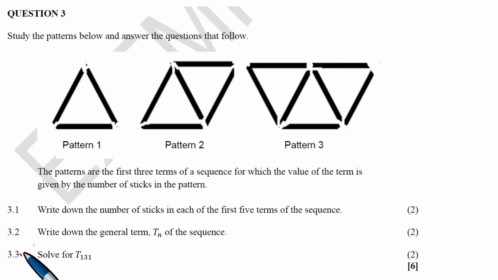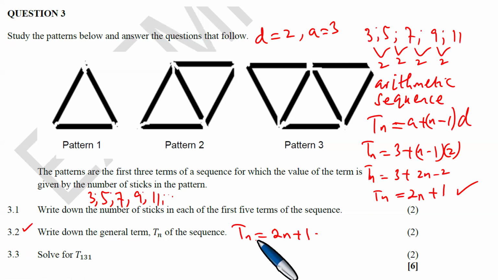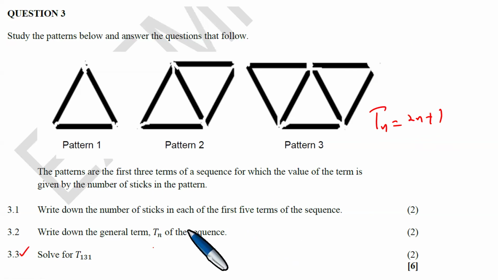Next point. Okay. If you need to solve for T131. Okay, you already know that Tn equals 2n plus 1. So they're saying find T131. So it means therefore that n here is 131. So it comes here and you have that n is 131.